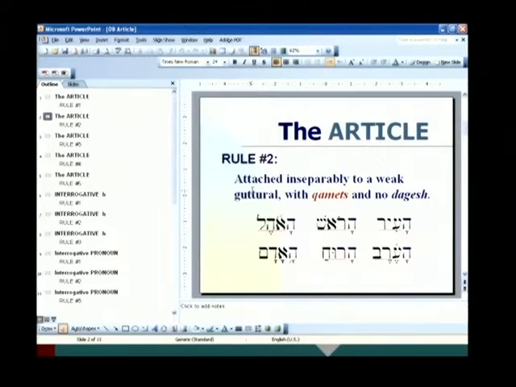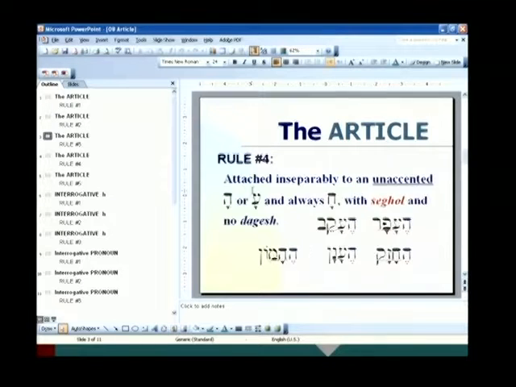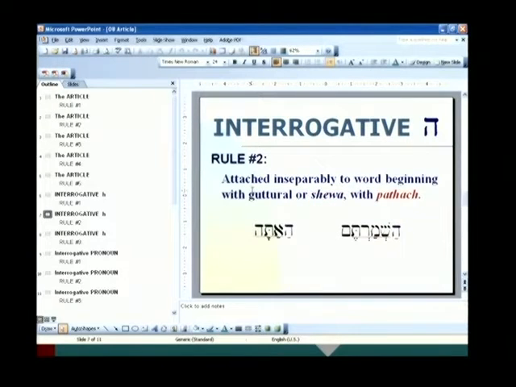Rule number 2. That's the article, not the interrogative. Interrogative hey, you're talking about instead of the article. Okay, it just says guttural there, and I didn't give additional examples, but it is included. Yes. Interrogative pronouns, that's right.